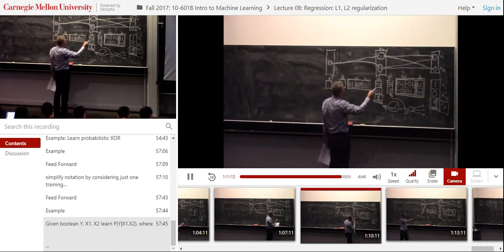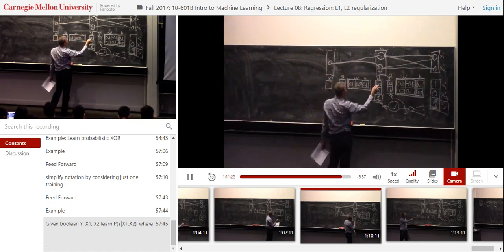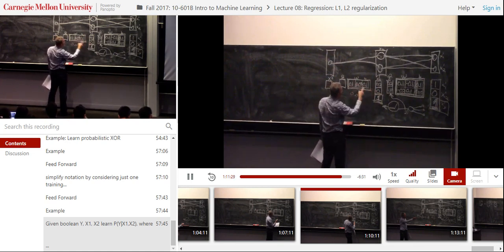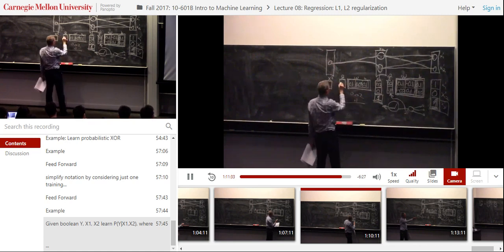Now we have the inputs for the second unit. That's easy. It's just this vector dot product with this. So 0.2 times 0.1 is 0.02 plus 0 plus 1 times that looks like 0.12.